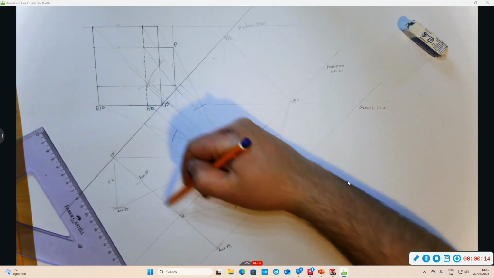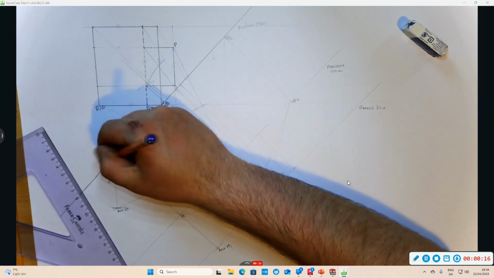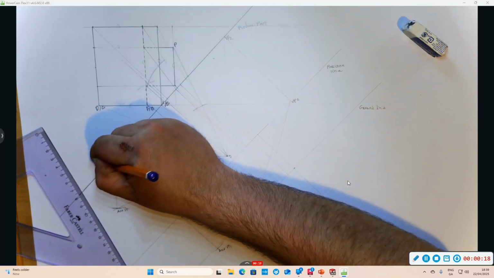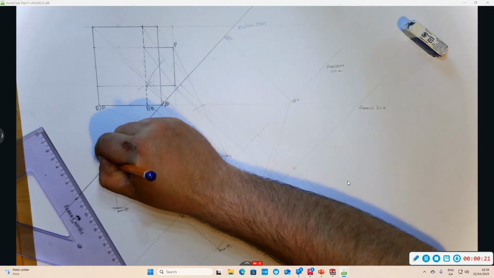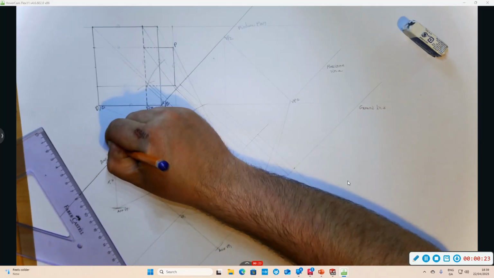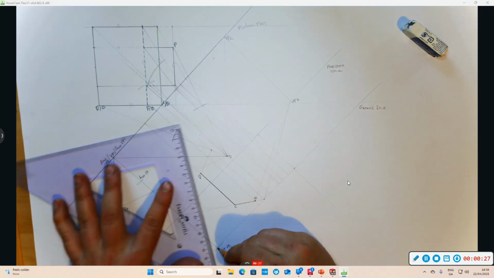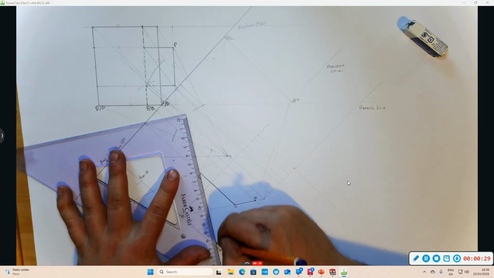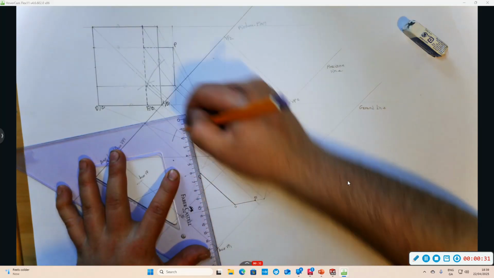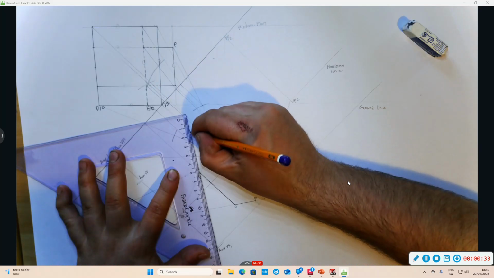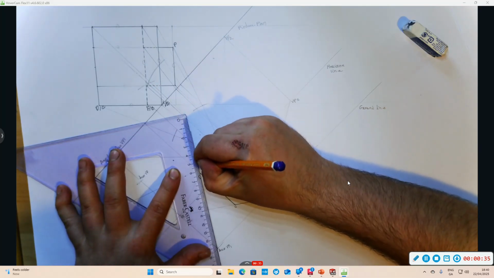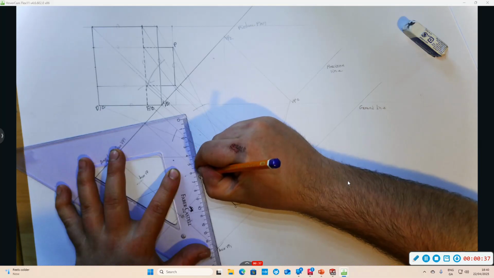All these 3 points, or this whole line, appears as a point in plan, AUX VP. So I'm going to draw this line through point D. Now, where it hits the line coming down from A, the perpendicular line, okay, that's point A.